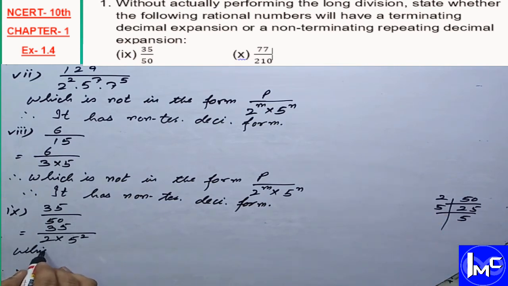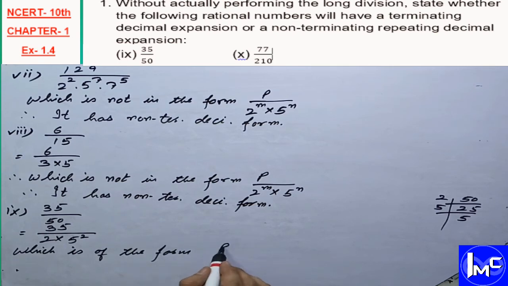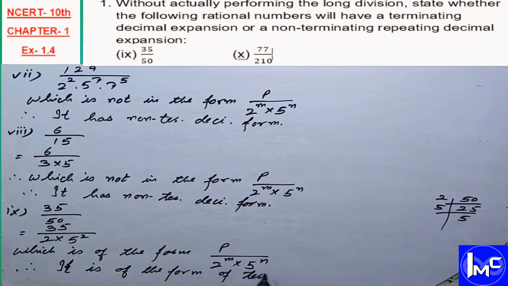Again, which is of the form p over 2 raised to power m 5 raised to power n. Therefore, it is of the form of terminating decimal form.